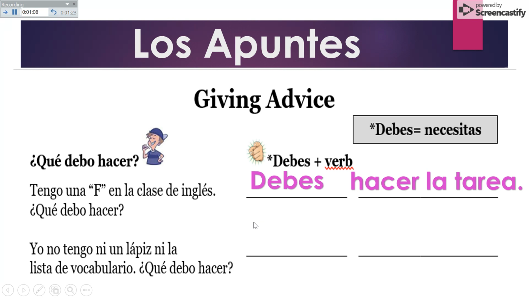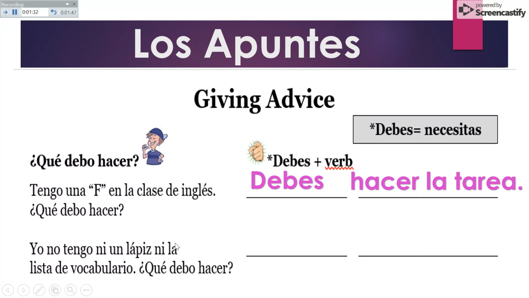In our next example, the person says, "Yo no tengo ni un lápiz ni la lista de vocabulario. ¿Qué debo hacer?" Now, we're going to assume that this is a repeat behavior that the person exhibits. So they never have their pencil or their vocab list. It's not just one moment captured in time.